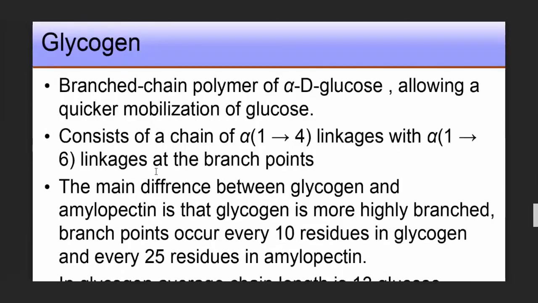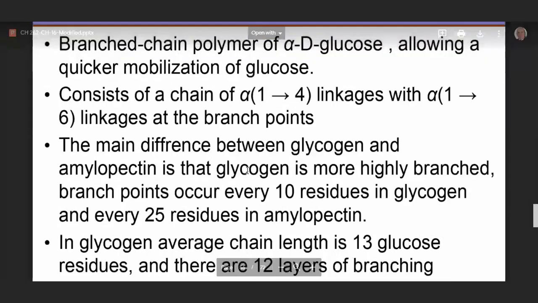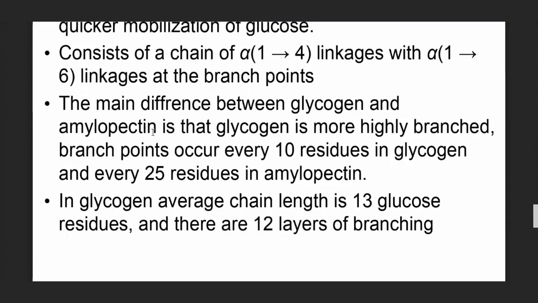It consists of a chain of alpha 1,4 linkages with alpha 1,6 linkages at the branch points. The main difference between glycogen and amylopectin is that glycogen is more highly branched, because the branch points occur every 10 residues in glycogen and every 25 residues in amylopectin.